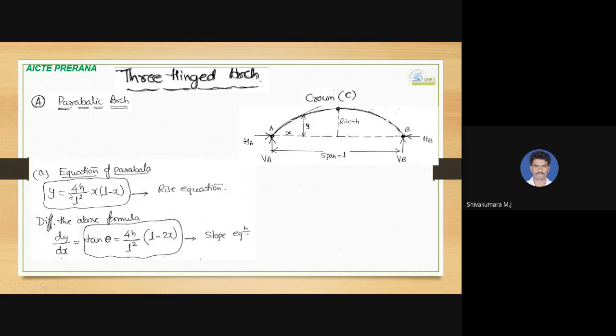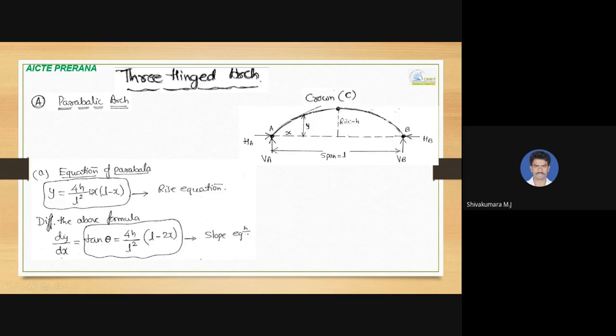And the equation of a parabola for the geometry, you can remember this: y equals 4h divided by L square into x into L minus x, where h is the rise, L is the span, and x is the section where we are trying to determine the ordinate height y.